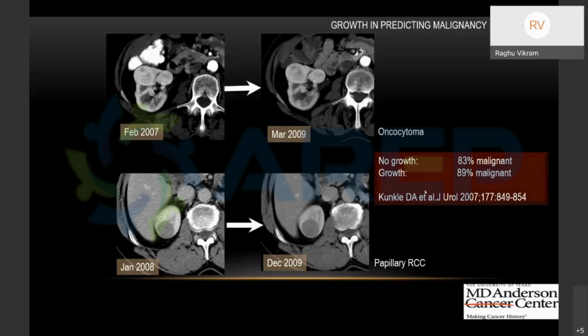But that means that even 11% of those lesions which show growth can be benign. And that is an important distinction in renal masses. Just the stability does not mean benignity. It can still be malignant. So that is why renal masses which enhance are treated with a lot of respect.